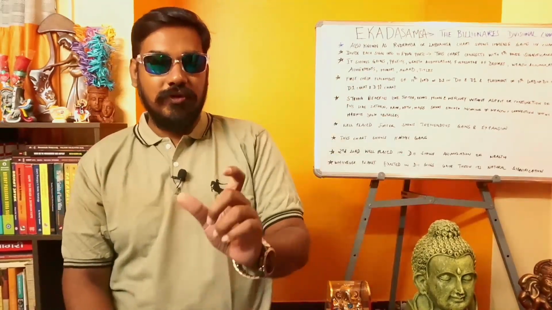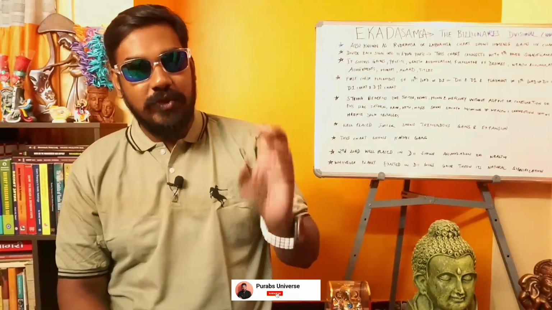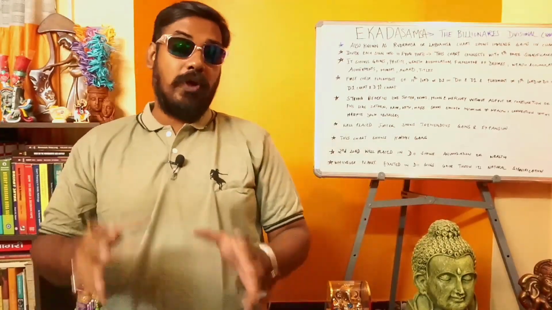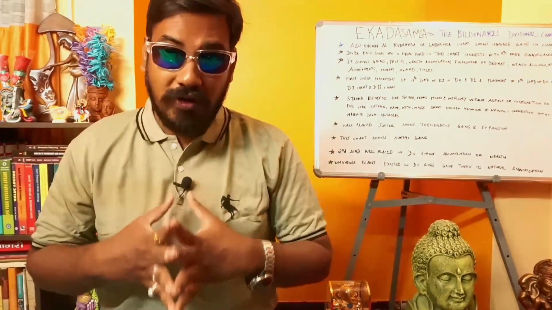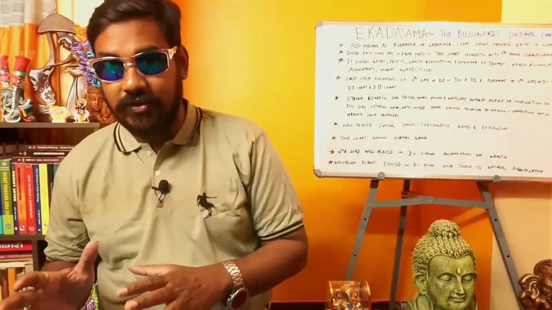So the D11 chart will change quickly. Now if the time is not accurate, we will just be doing hocus pocus prediction. It's not going to be to the point. That's why I am quoting my own chart. So it is important to have strong benefics placed in good houses of your D11 chart.